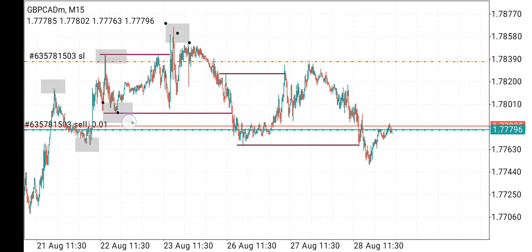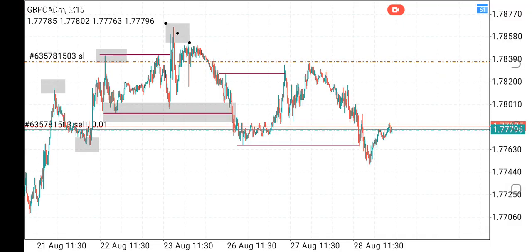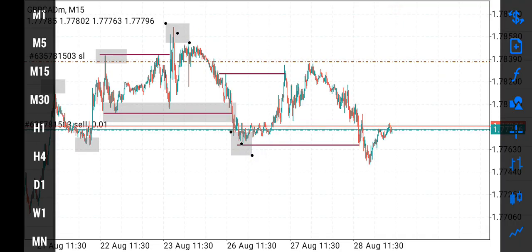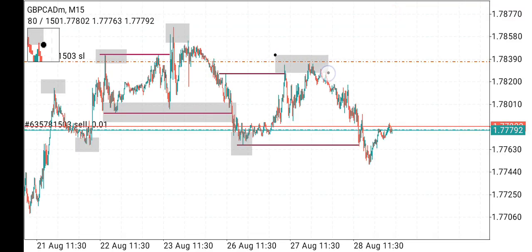Unfortunately, it came down and broke this low, and that was a change of character. Then it started printing lower lows. It came down to print this low, then went up again to print this high.